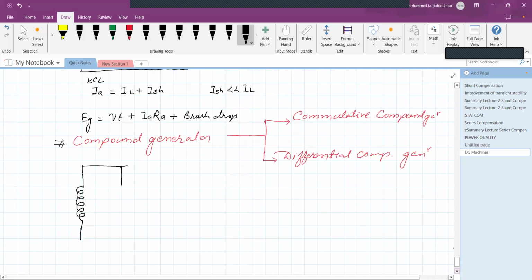So this part is similar to the DC shunt generator, and it has a series field winding also. And now it is connected to the load.